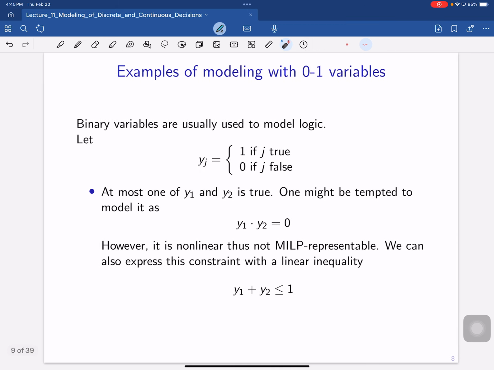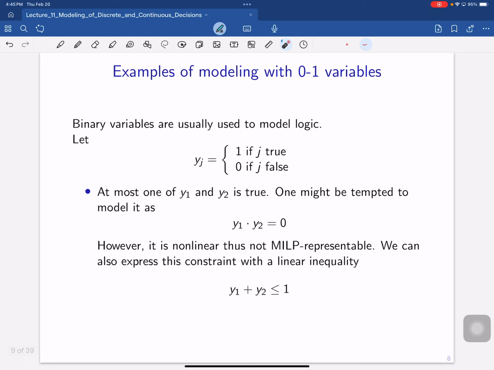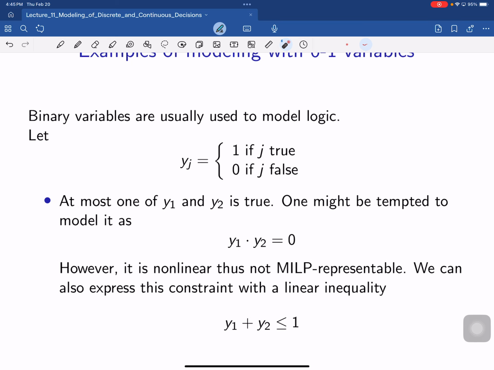So let's start with some simple exercises to build our intuition before we introduce the theory behind that. Again, we will use binary variables to model logic. If yj is 1, that means j is true. If it's 0, then we say j is false. Then how do you model this condition: at most one of y1 and y2 is true?